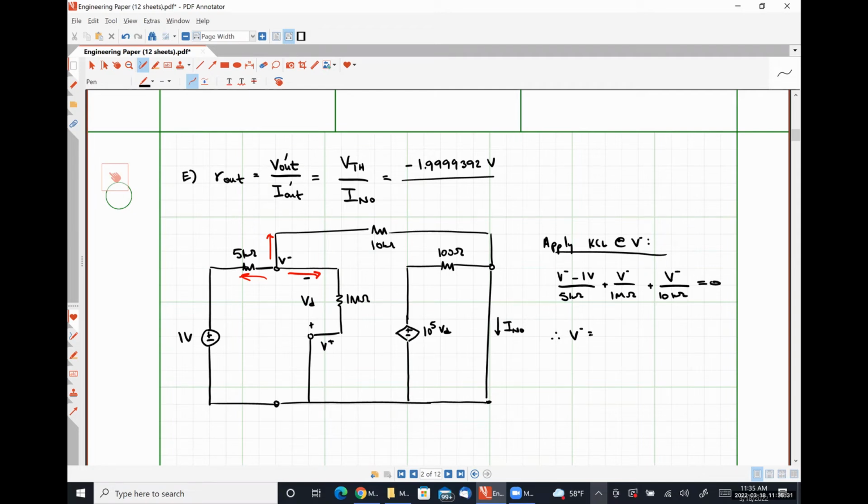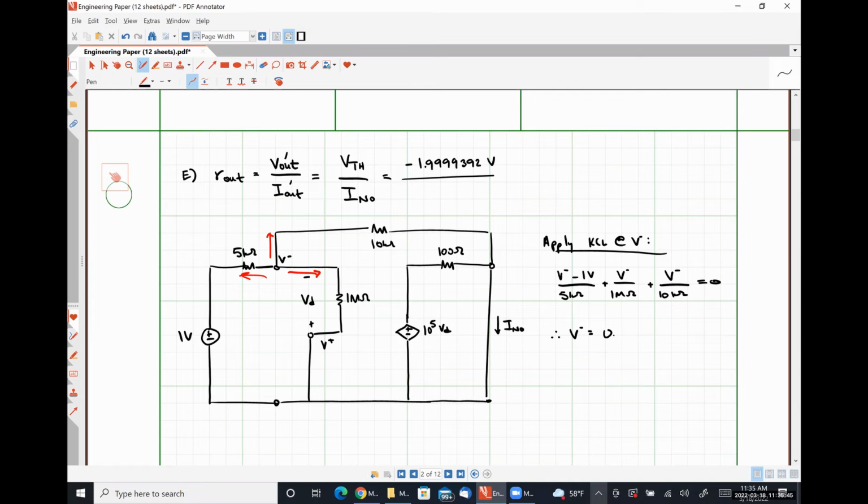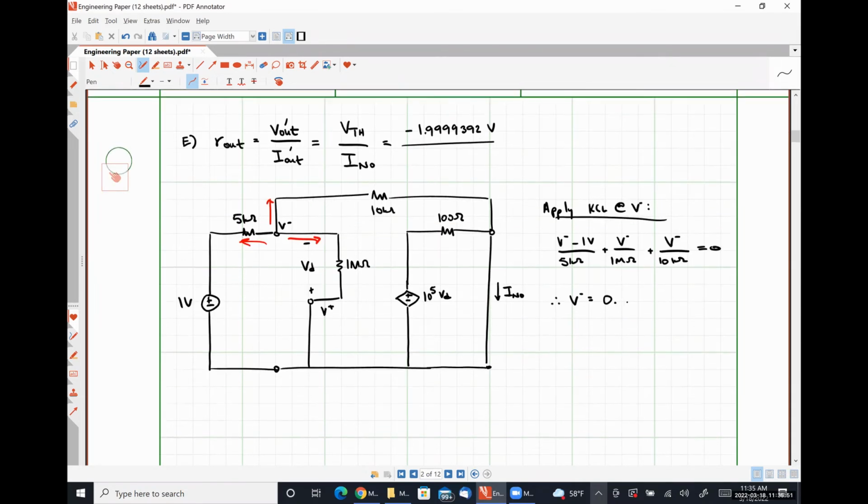Solving that one equation, one unknown system, if you can even call it that, I get V minus to be 0.66445 volts.